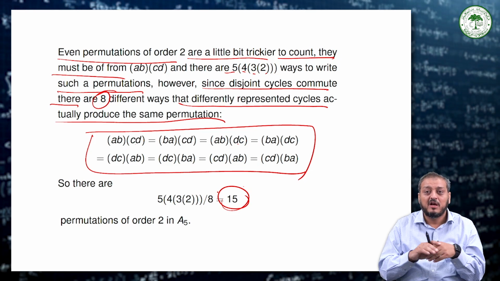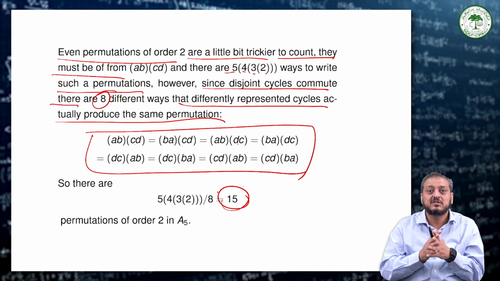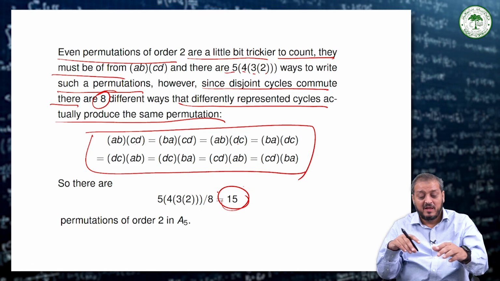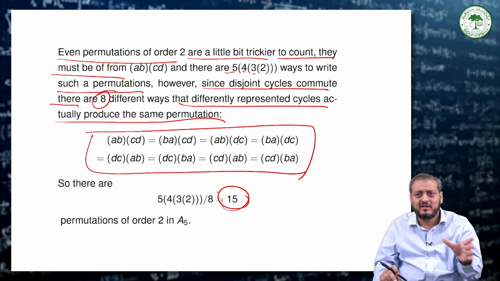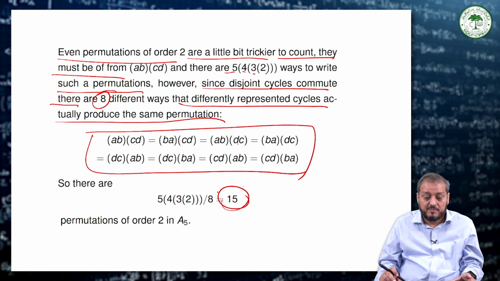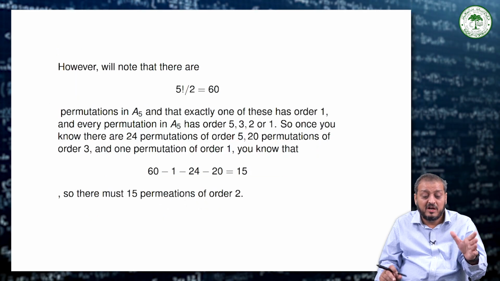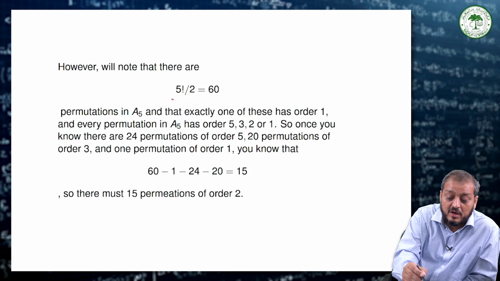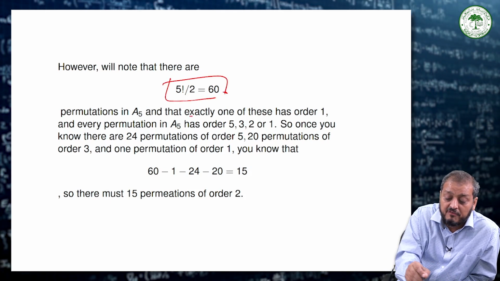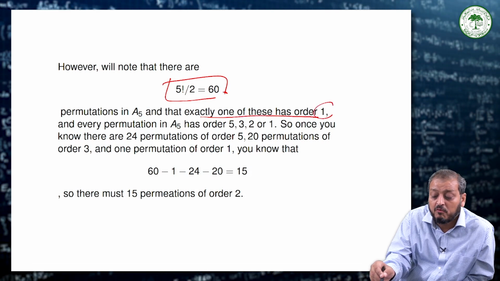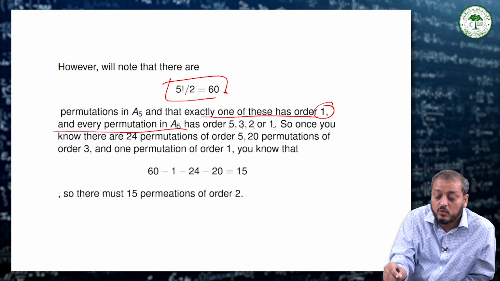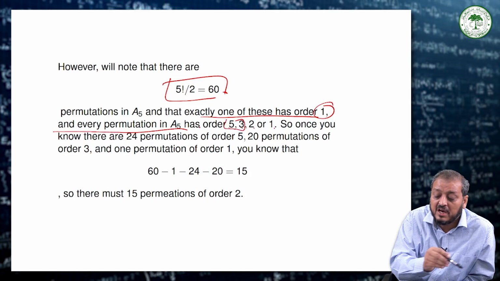So this is the complete solution of this problem. But you can also calculate the number of permutations of order 2 in a different way. We have a total of 60 permutations in A5, and exactly one of these has order 1, and every permutation in A5 has order 5, 3, 2 or 1.